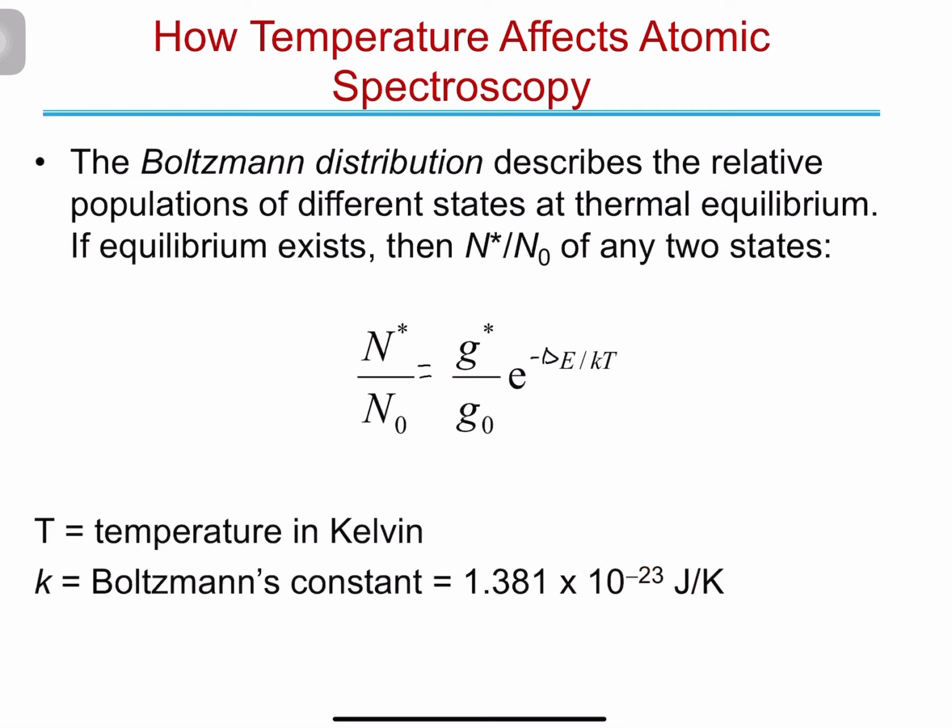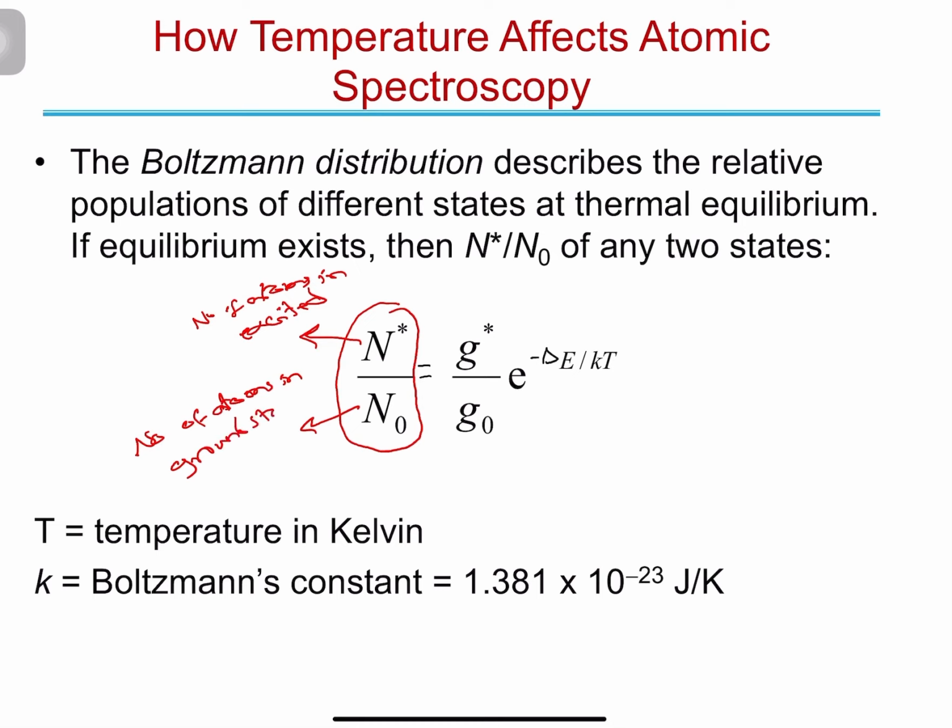If there is an equilibrium, we look at the ratio between N star, the number of atoms in the excited state, and N naught, the number of atoms in the ground state. We don't need to calculate the number of atoms themselves, but we need the ratio between the atoms in the excited state and the atoms in the ground state.